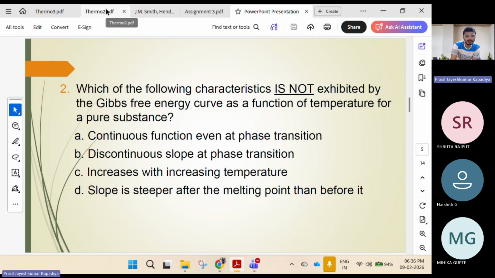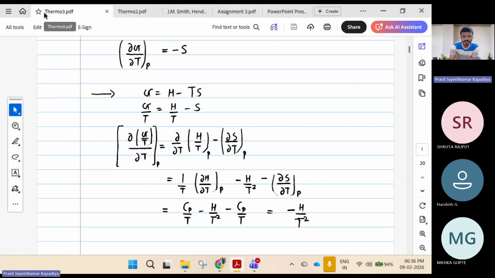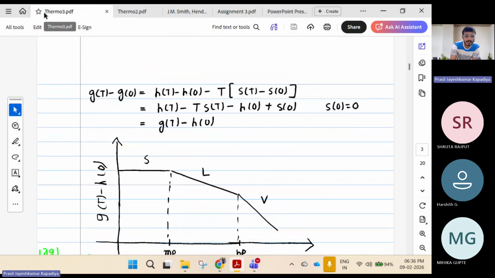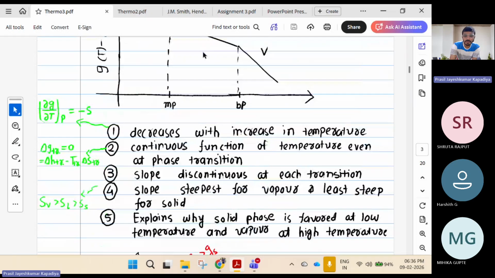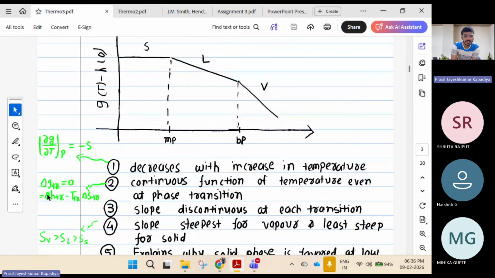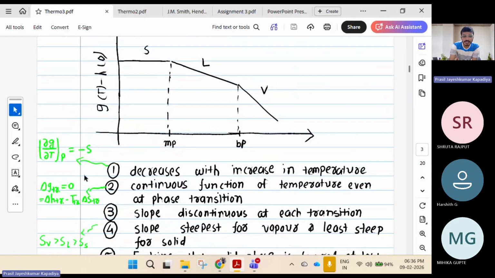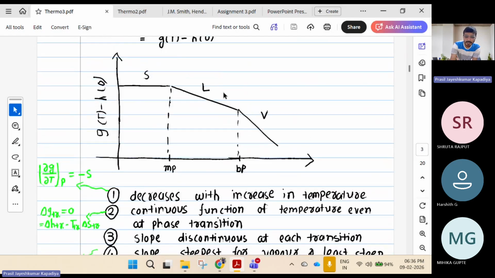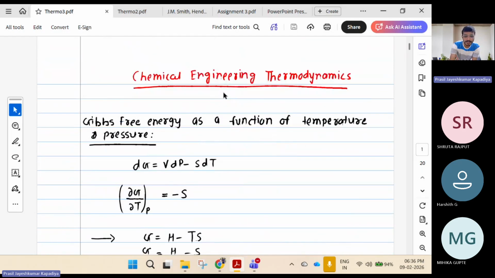So let's have a look at that once again. The function was continuous because of this term, but the slope was discontinuous and it was decreasing with increasing temperature. Why? Because the slope, del G by del T at constant pressure, is minus S. So slope was negative.